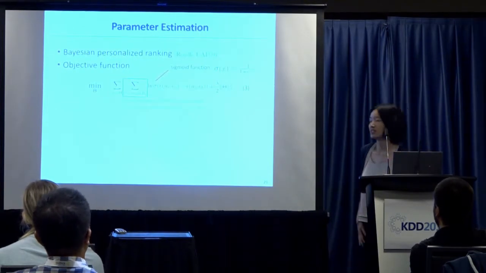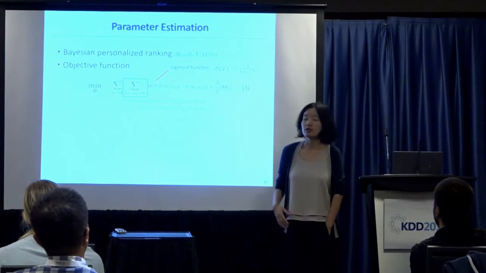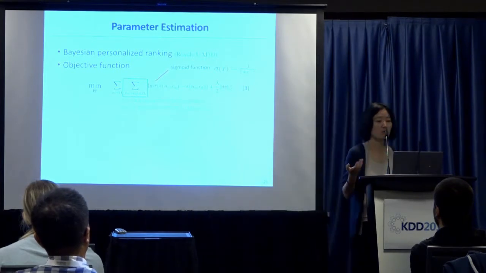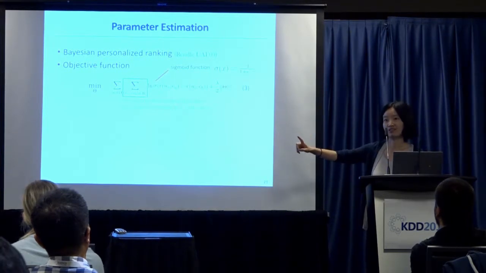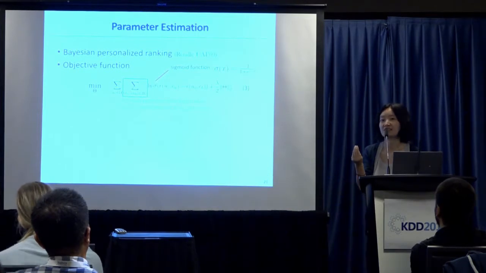Now let's first say that if there is just one model, what will be the objective function? In this case, we consider implicit feedback. In other words, we only know whether this user watched the movie or not. We do not observe the exact rating score.